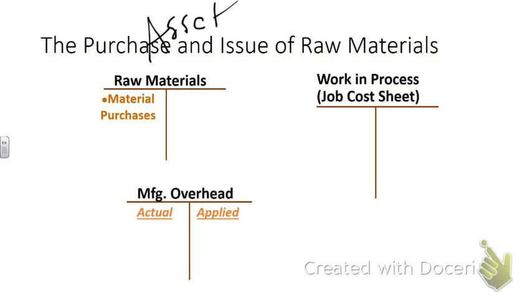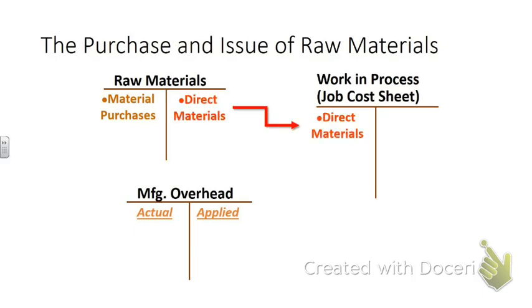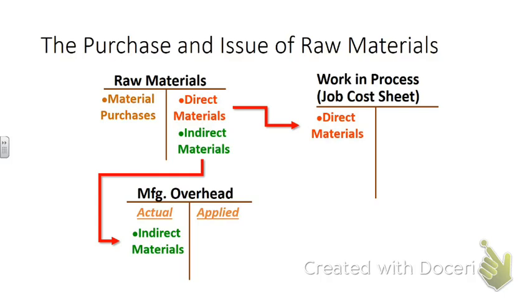Then when we issue that requisition, our direct materials are going to come out. Notice that's going to be a credit, so it'll reduce our amount of raw materials. And at the same time, our indirect materials are going to go over to our manufacturing overhead.